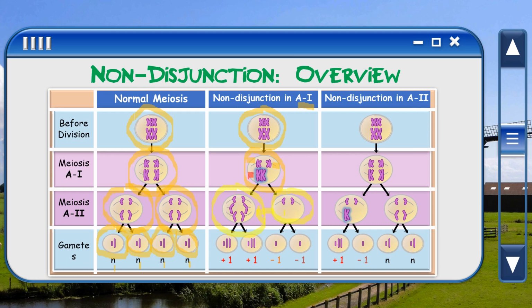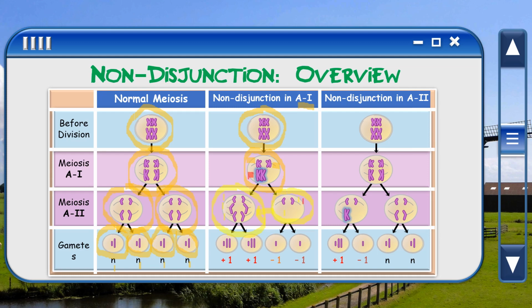They are not equal. This one has 3, 1, 2, 3. This one has 1. So when we go to anaphase 2, here we have 3 sister chromatids separating themselves, and on this side we have only 1 sister chromatid separating.